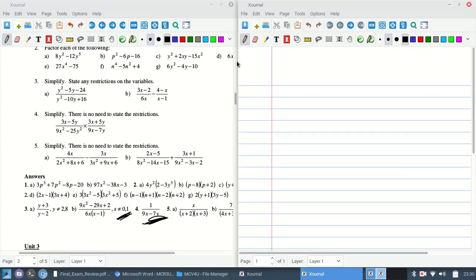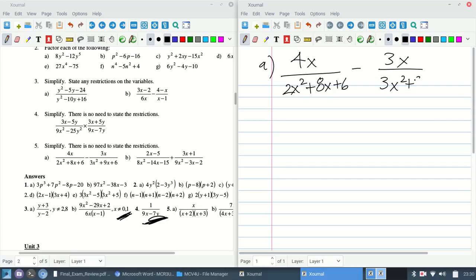So we've got 4x all over 2x squared plus 8x plus 6 minus 3x over 3x squared plus 9x plus 6. Now, the beauty is that we can take out a factor of 2 out of the bottom and a factor of 2 out of the top. Here we can take out a factor of 3 out of the top and the bottom. So we're going to do that.